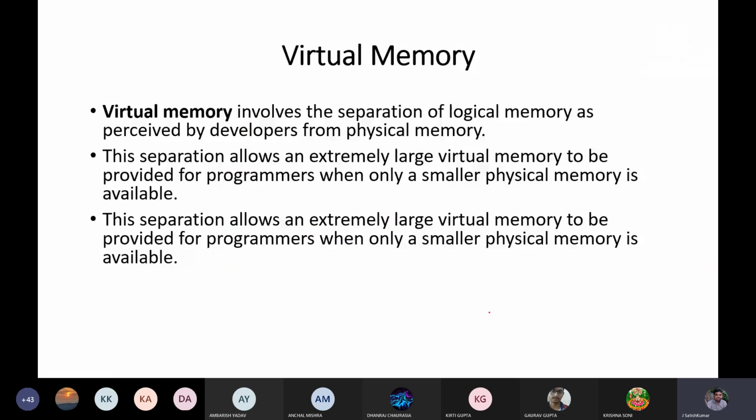So virtual memory involves separation of the logical memory perceived by the developers from the physical memory. Developers will think that because a 5 GB file is executing, your computer is capable of executing 5 GB. It hides the physical memory, which is 2 GB, while you are logically executing 5 GB, so it involves a separation.